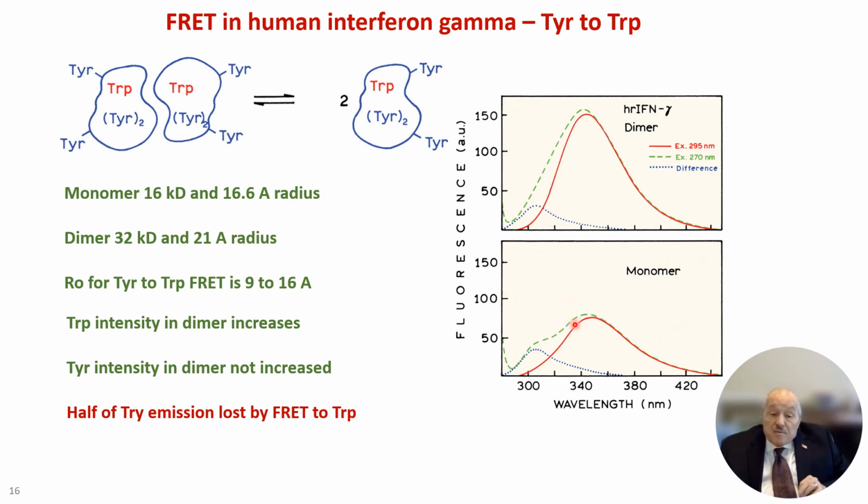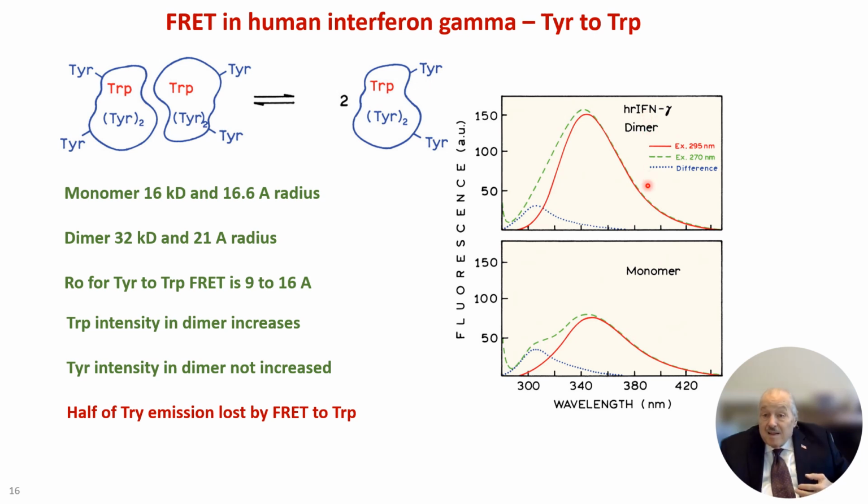And this is a difficult slide to explain, but I'll do it anyway. So if you look at the monomer, and this would be exciting at a wavelength where you could see the tyrosine, you see a certain amount of tyrosine here, and then the dominant tryptophan emission. When you put this protein into the dimer state, which is where it's more happy, you see that the tryptophan fluorescence has doubled.